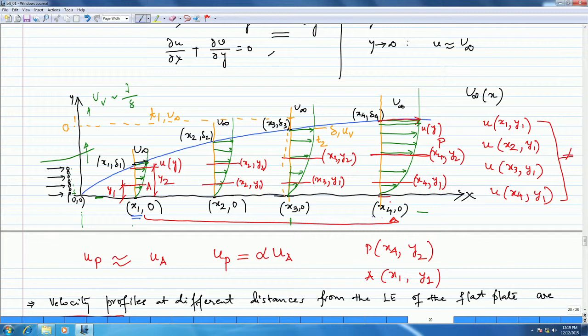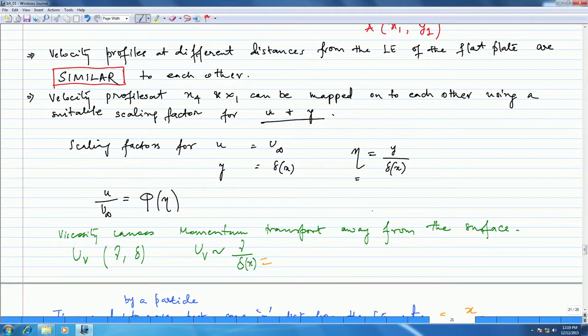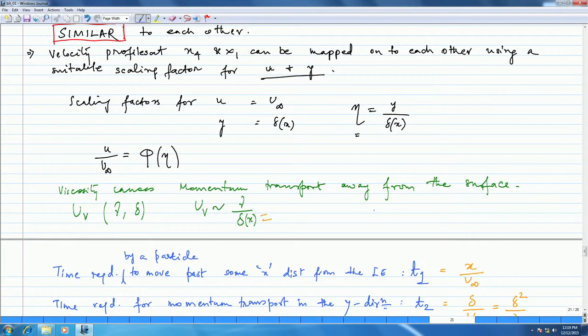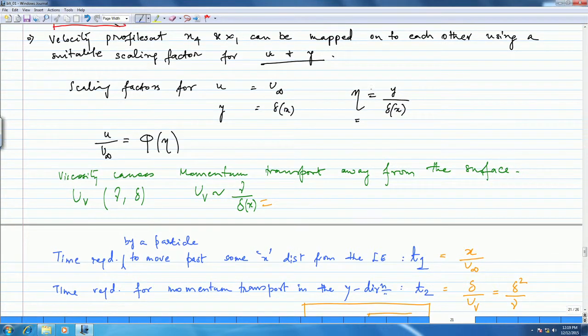When we say the flow is similar, we use that knowledge and again introduced a similarity variable, which is eta here.